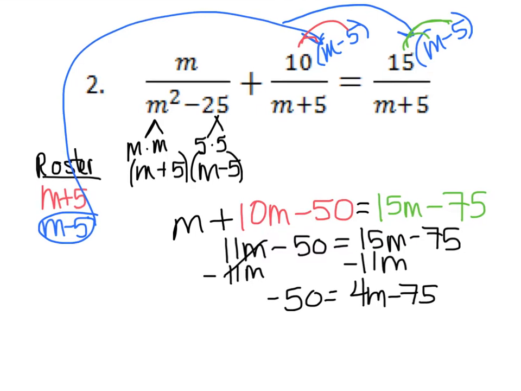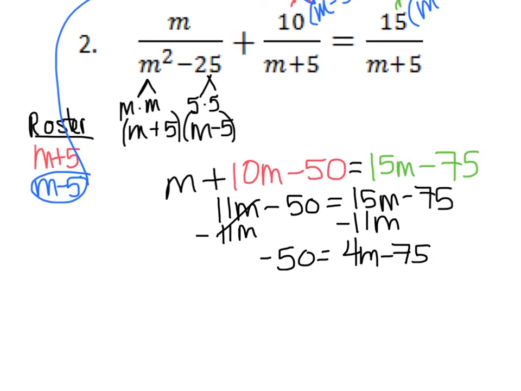Now the m is on the right side of the equation, so I need to move anything else that's over here to the other side. So I first start with this 75. Since it's minus 75, I'm going to add 75. Negative 50 plus 75 is 25, equals 4m, and the 75's cancel.